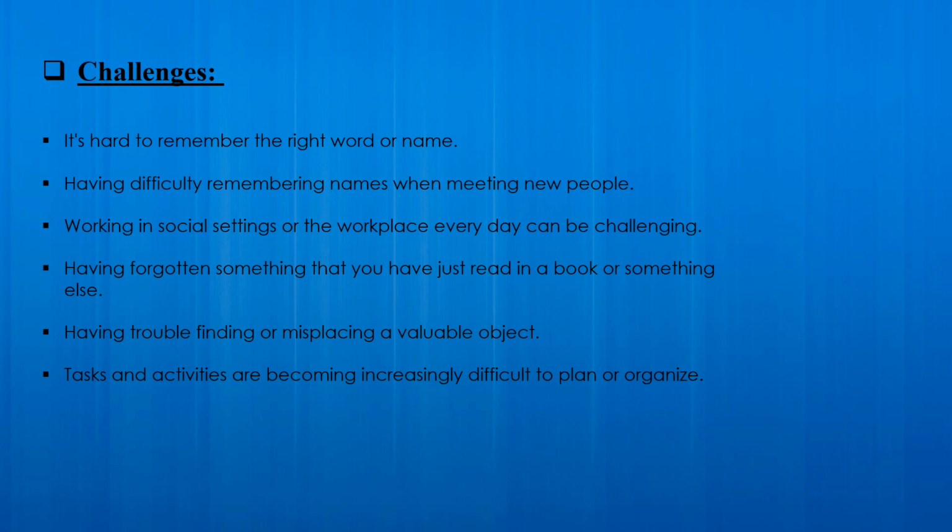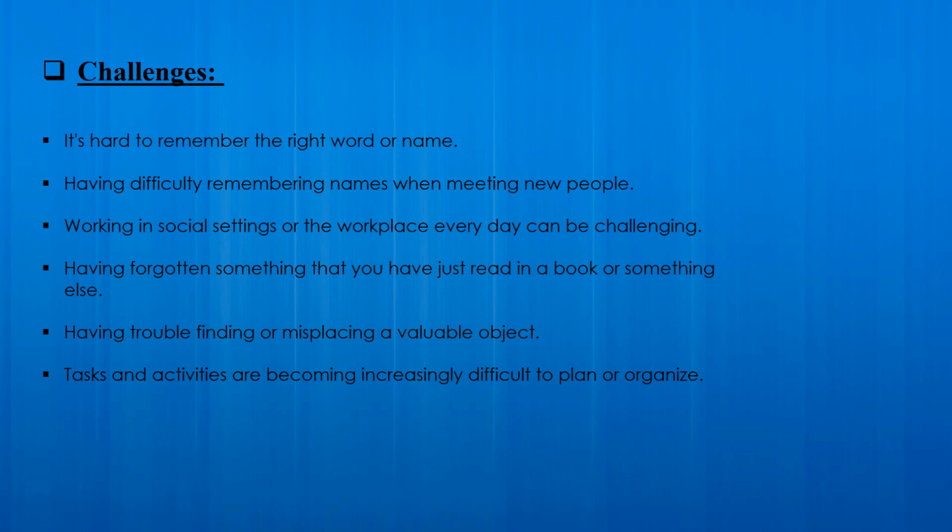So coming towards the challenges, for a person who has Alzheimer's, it is hard to remember the right word or name, and they have difficulty remembering names when meeting new people. Working in a social setting or workplace every day can be challenging for them. Having forgotten something they have just read in a book, something else will be forgotten.